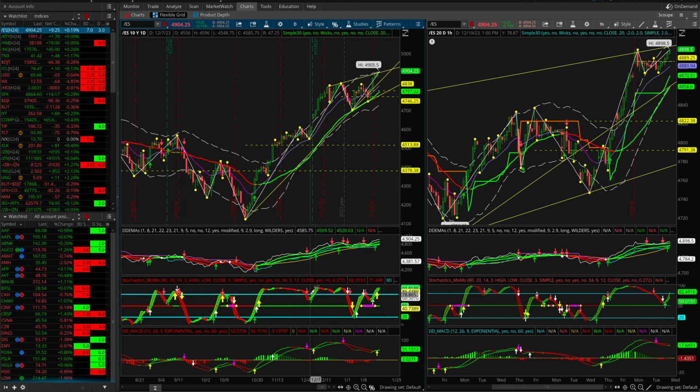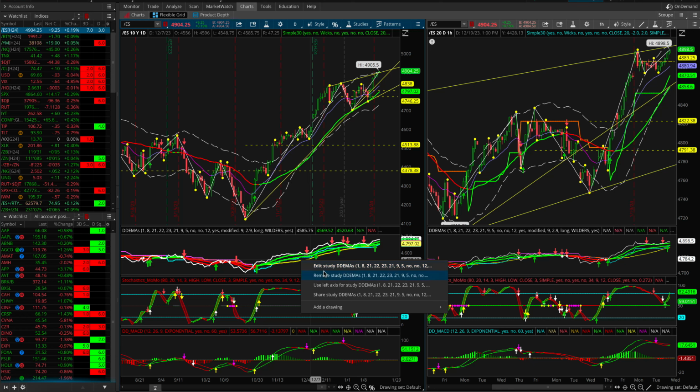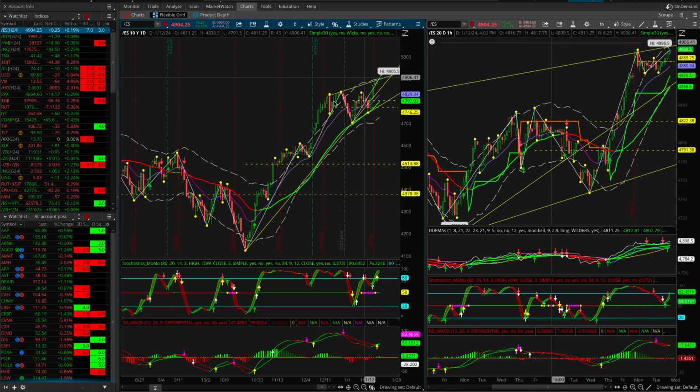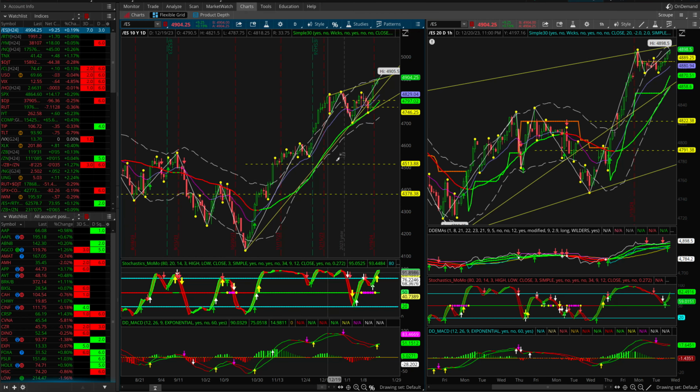I'm also going to take off these oscillators down here at the bottom, just for now, so we can look and see the action that's going on with the moving averages that I was talking about last night. Actually, I'll just take the one off, and that gives us a little bit more to look at here.